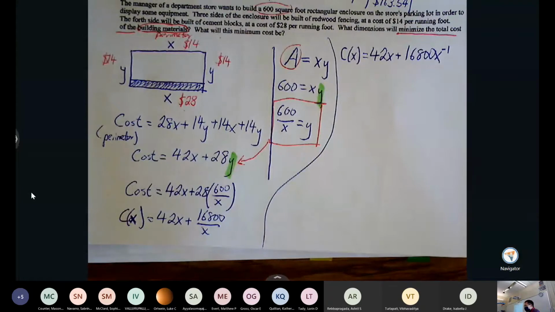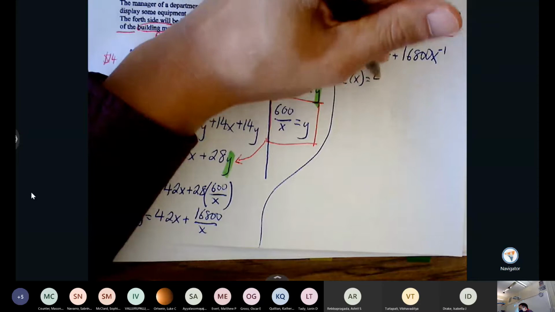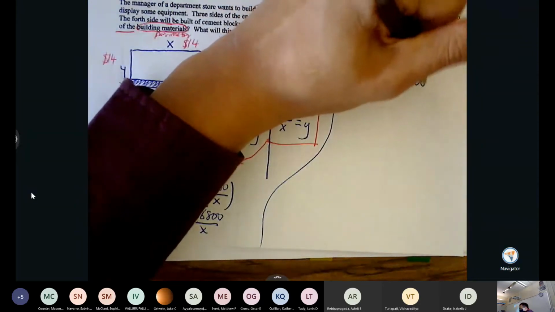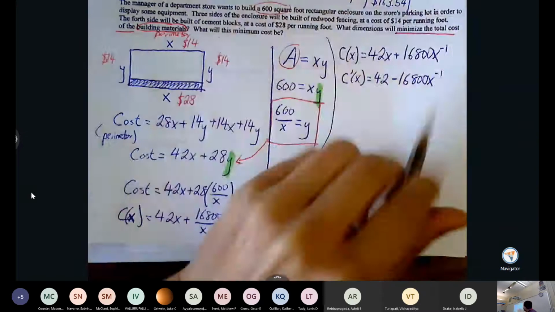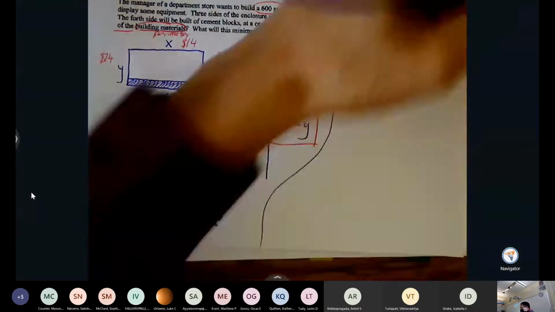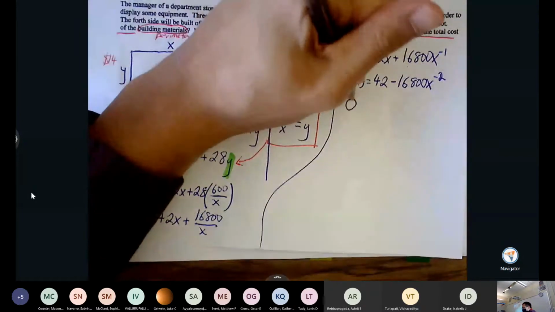Okay, find the derivative. All right, bring the -1 down, subtract 1 from the exponent. I'm sorry, -2. Okay, derivative equal to 0.